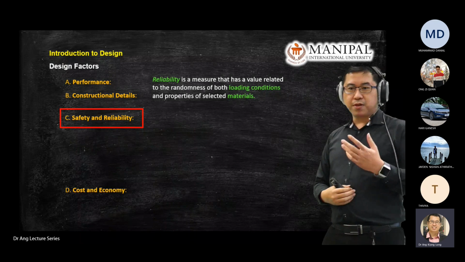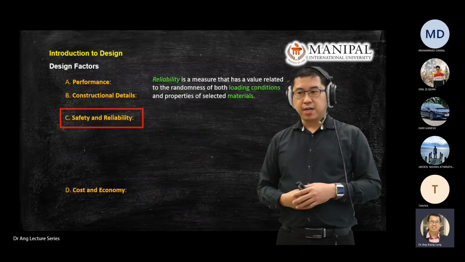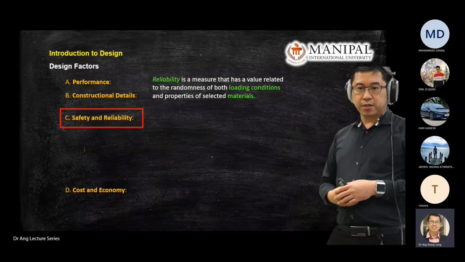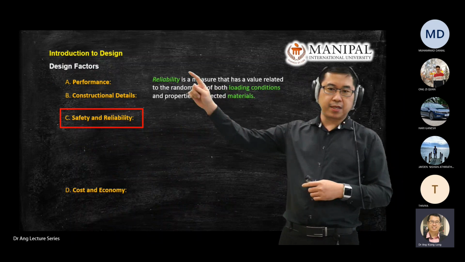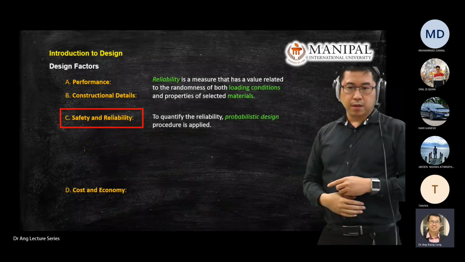It means that the driver can drive in the desert, in the winter, and in wet conditions. So that is the reliability dimension.